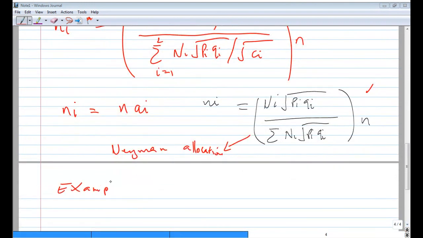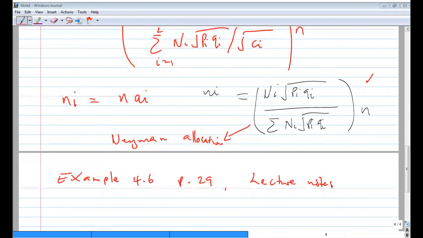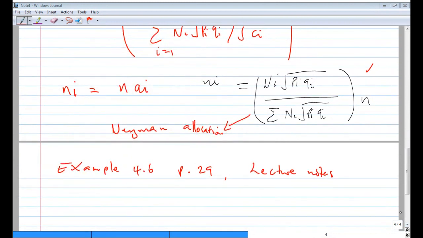So again, we are just applying example 4.1. It's the continuation of example 4.1.